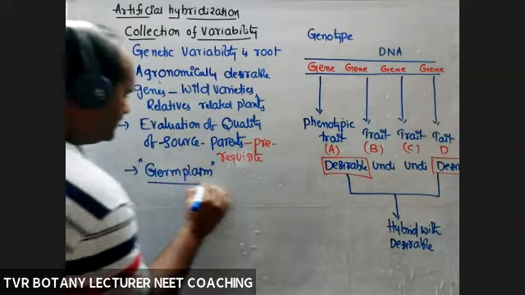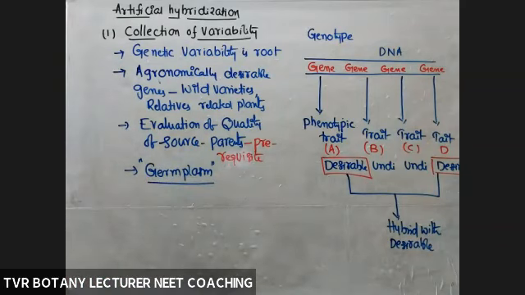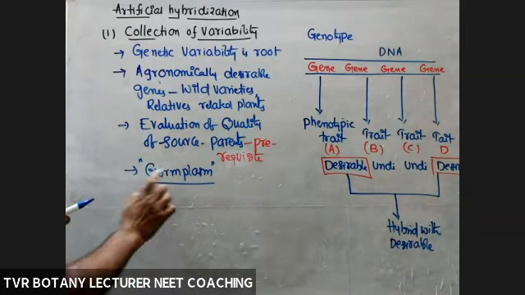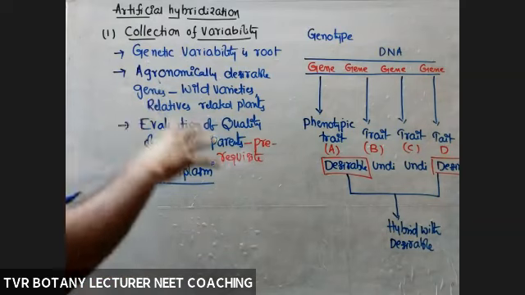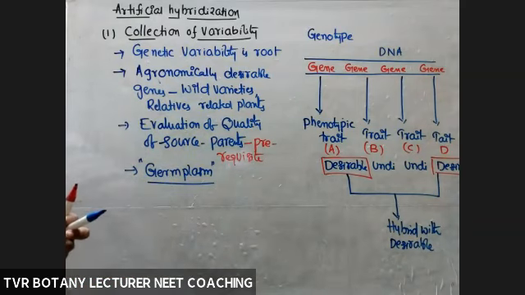How to define a germplasm? Okay, is it clear? Up to here, everything fine? Now we have to discuss germplasm collection with the help of some flowchart. With the help of that, you can understand what is a germplasm collection.